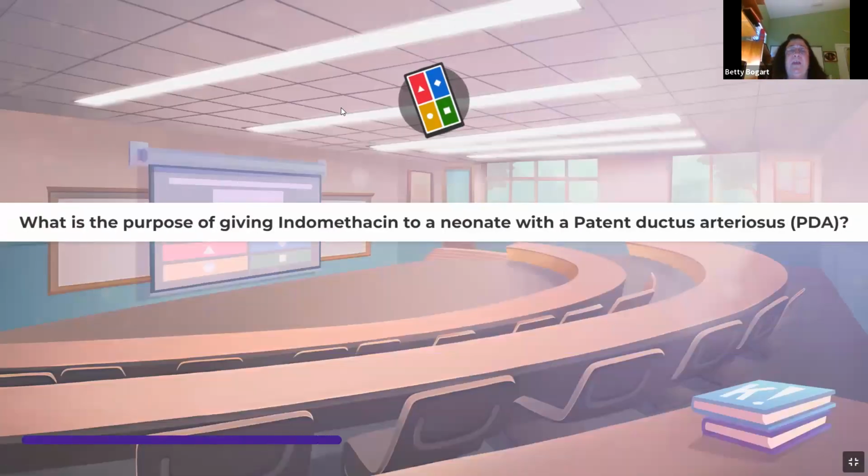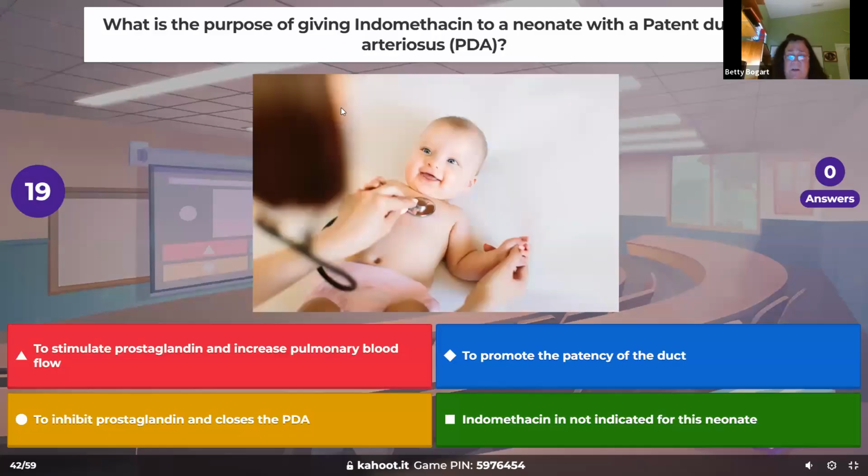What is the purpose of giving indomethacin to a neonate with a patent ductus arteriosus? Remember, you have prostaglandins, and then you have indomethacin. When mommy has the baby inside, in fetal circulation, she produces a hormone called prostaglandins, which keeps this PDA open.